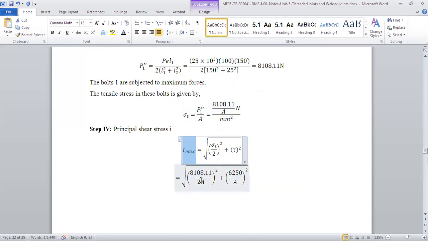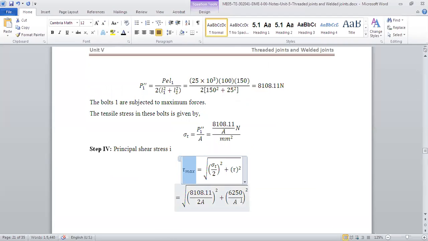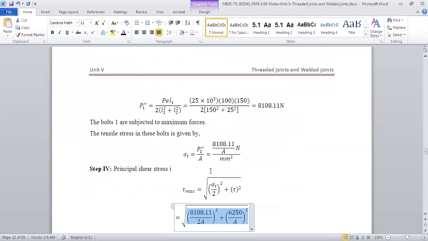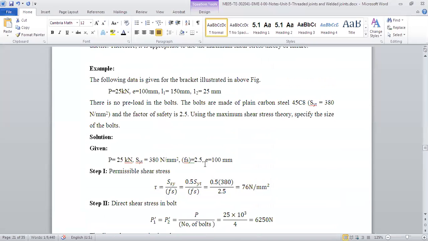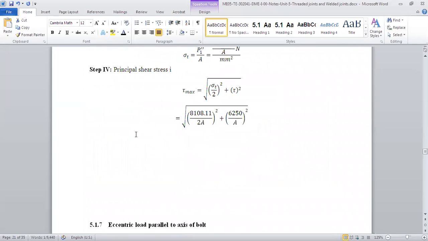So 8108 upon 2A, where 2 is coming from the formula, squared, plus the shear stress we calculated, 6250 upon A. So we add these two, and this will be your maximum shear stress. But we know the maximum allowable shear stress that we calculated earlier, that is 76. So match this with 76 to get A.